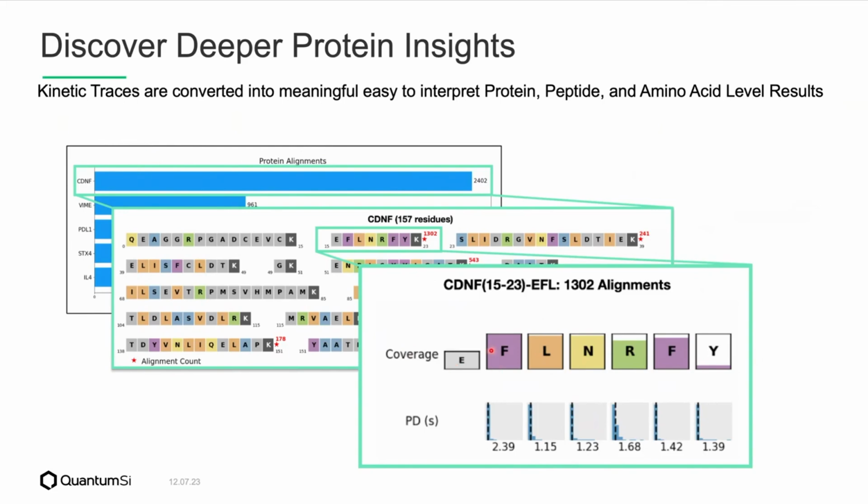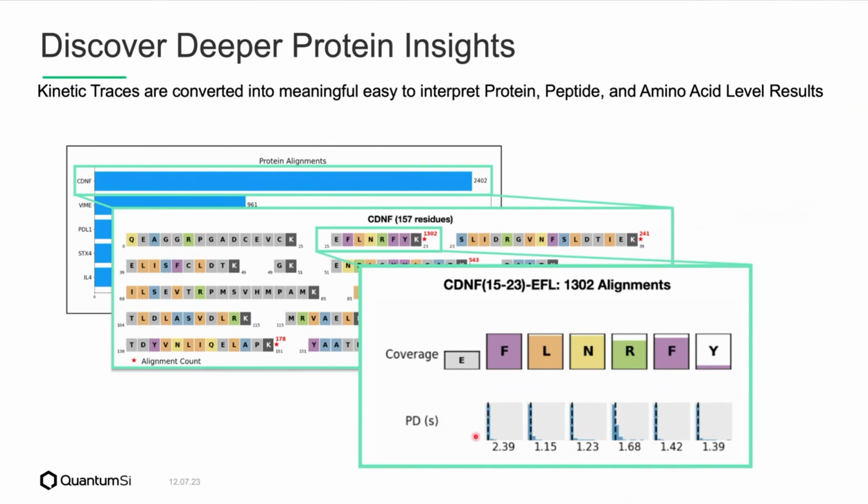So in this example shown here, this initial phenylalanine is found in 100% of these 1,302 alignments, compared to the tyrosine at the end of the sequence, which is only found in, say, 5 to 10% of the 1,300 alignments. Now, in addition to the coverage map, you also get a determination of the global pulse duration values for all of the 1,300 alignments demonstrated here.